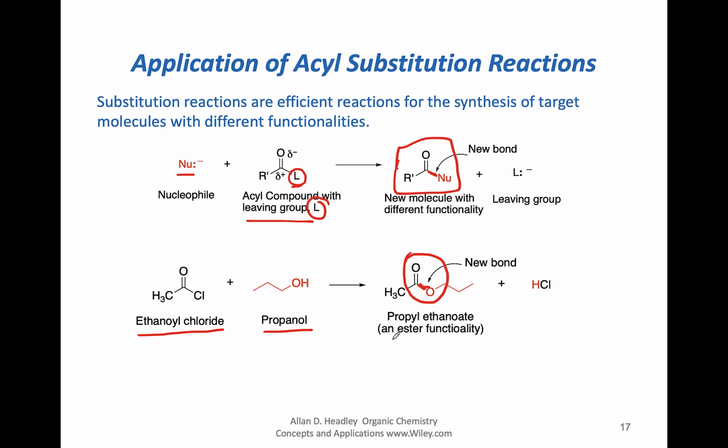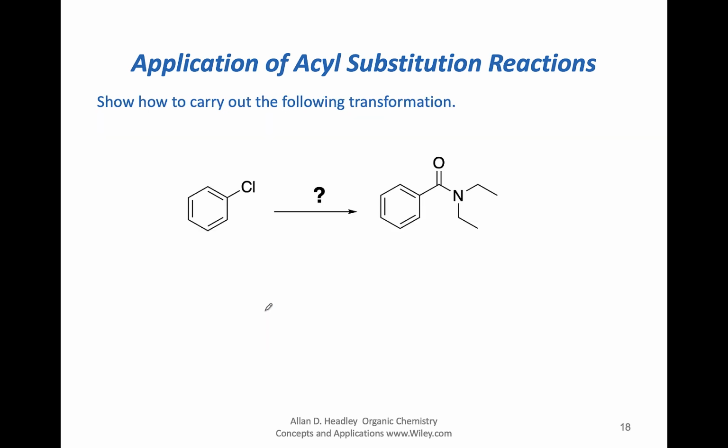So notice this is a much larger molecule than either of these two reactants. And the reason why it really works is because we have an acyl compound with a good leaving group and a nucleophile right here. So that's the concept that we need to apply to synthesis.